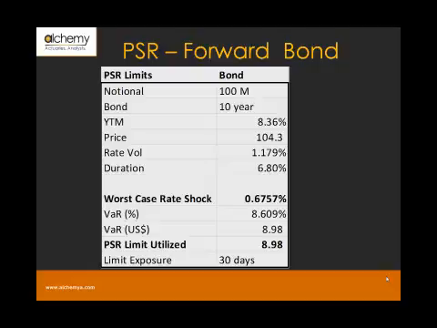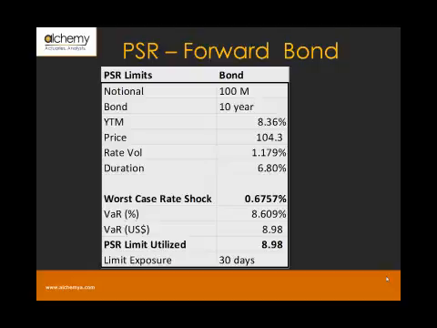So if rates right now are at 8.36%, if they go up, they may go up as high as 9% and change. If they come down, they may come down as low as 7.67% and change. And the expectation for this movement is over the next 30 days.